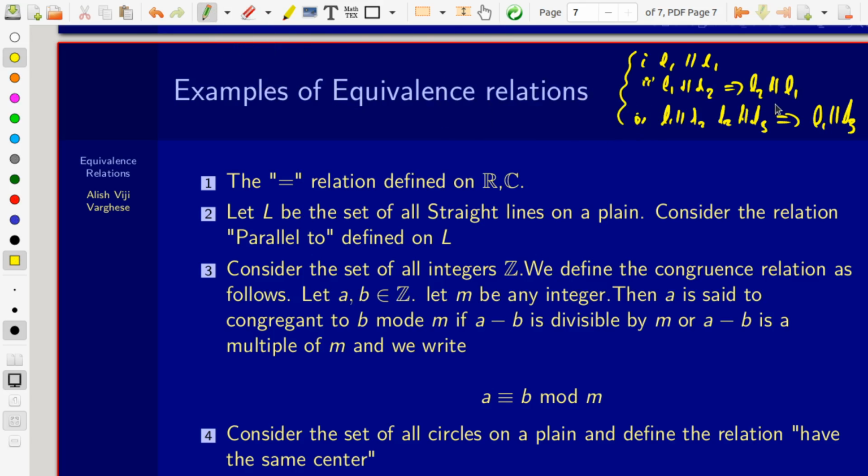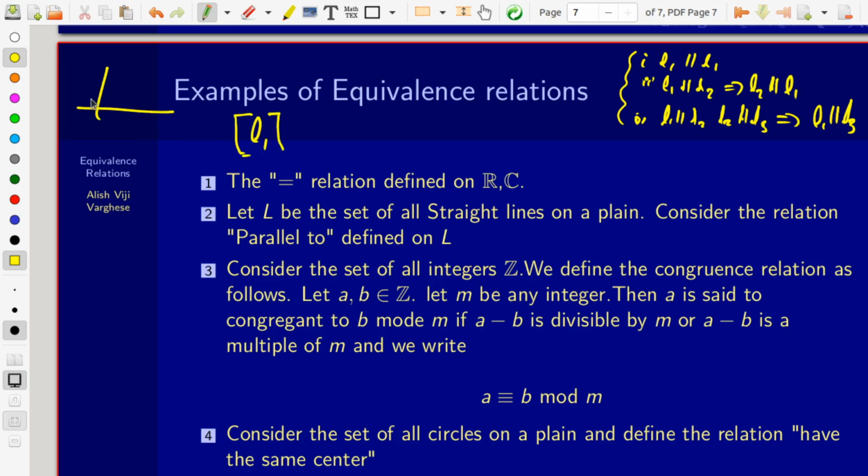Now in this particular case, what about the equivalence classes formed by this parallel to relation? The equivalence class of, say, a particular straight line. Let's consider L1 to be the x-axis. Then the equivalence class of L1 is the set of all straight lines which are parallel to L1.